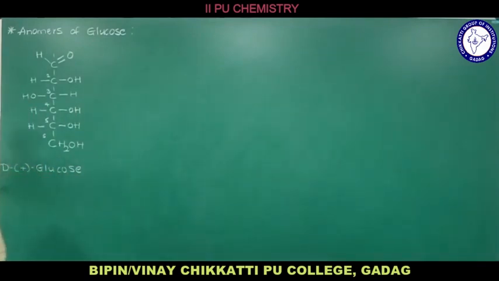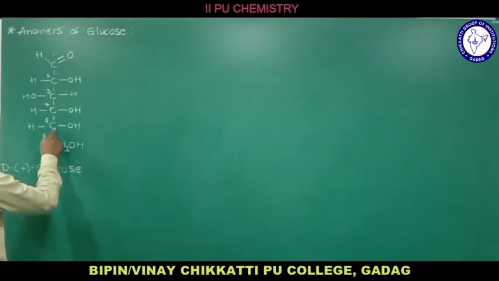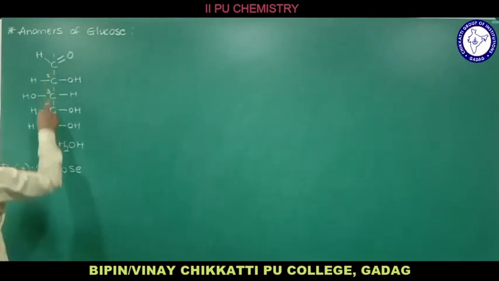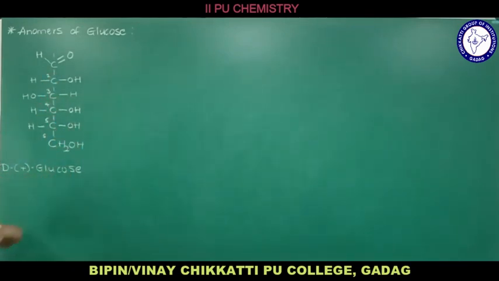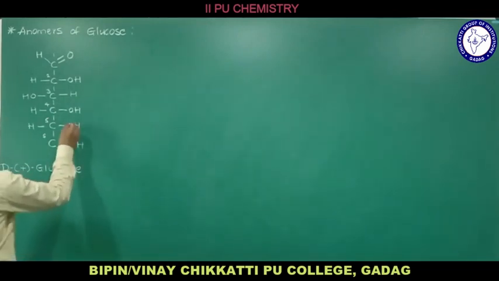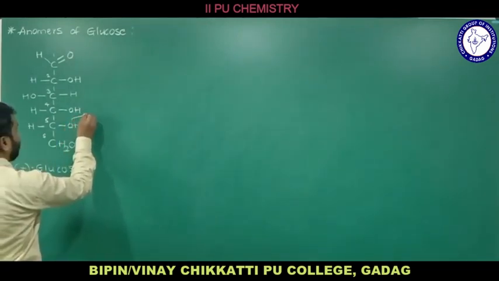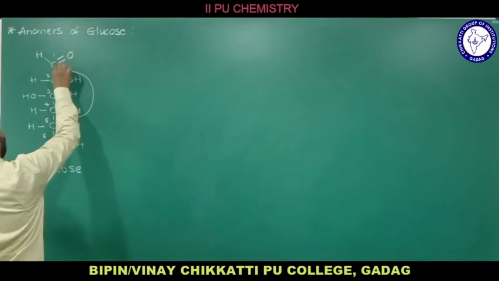Now, this is not preferred as I said, so the cyclic structure is preferred. In that case, I will consider carbon number 5, which is far away from the functional group, and we have OH. On this oxygen we have 2 lone pairs of electrons. One lone pair of electrons is going to attack this carbon.